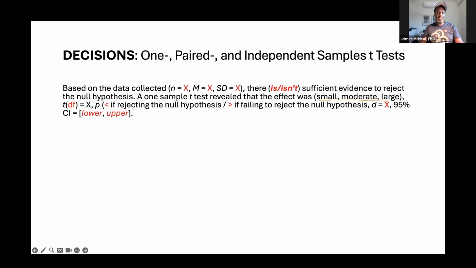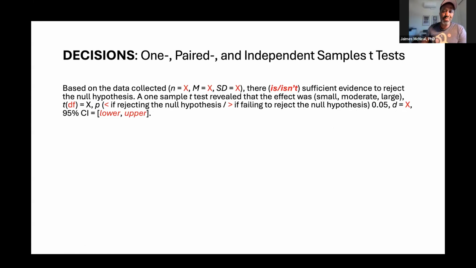There might be a few times that we use an alpha of 0.1, but that's not generally the case. All right, so I'll just fix that. Let's take a quick look at it again. If we're rejecting the null hypothesis, then p is less than. If we're failing to reject it, it's greater than 0.05 or whatever the alpha is. Then we give whatever the Cohen's d result is, and then the 95% confidence interval, the lower number and the upper number.